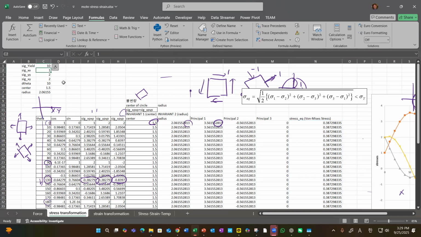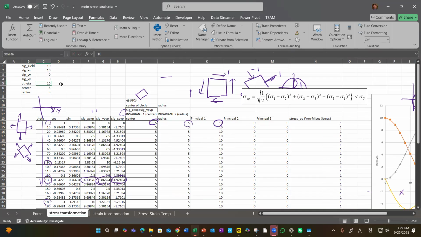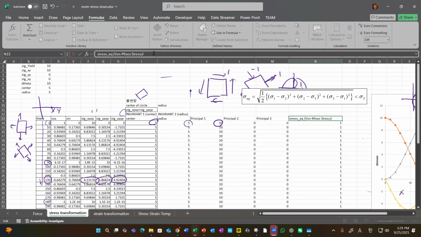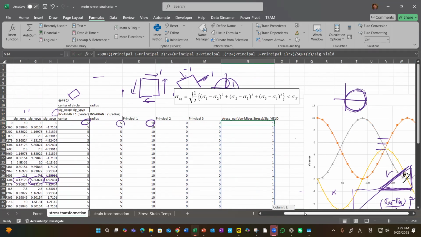즉 예를 들어서 if we apply the stress is 10, 0, 0, what will happen? This will be 1. 1 means that okay, I would like to say the divide by the sigma yield. It will give us simply how safe we are.